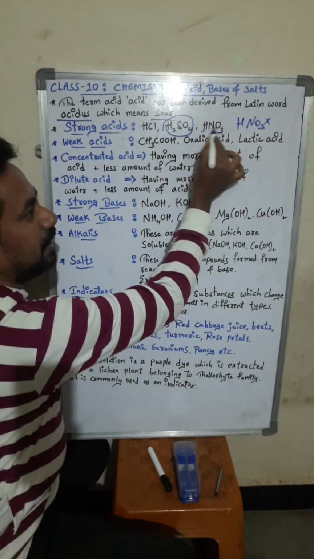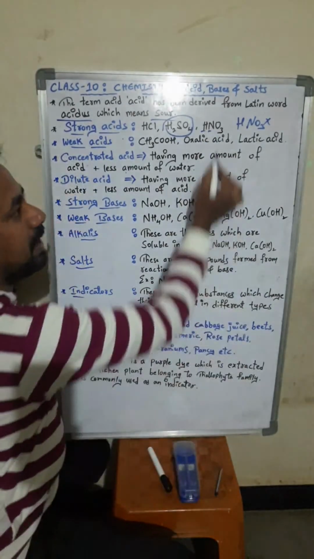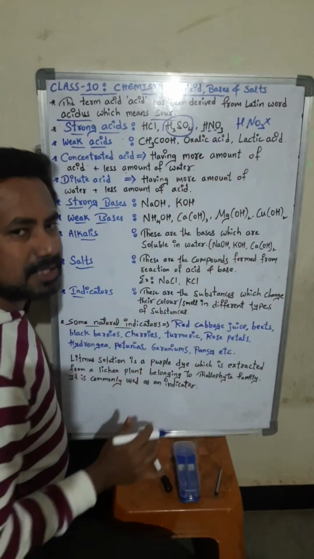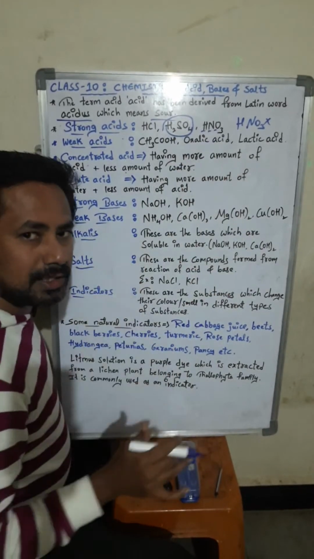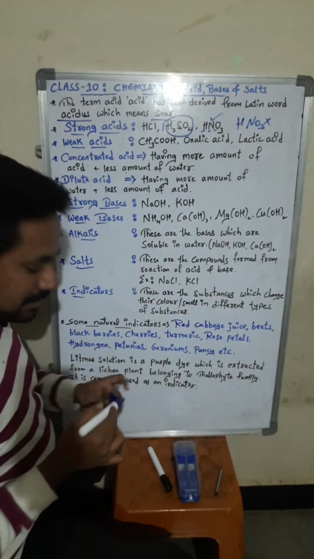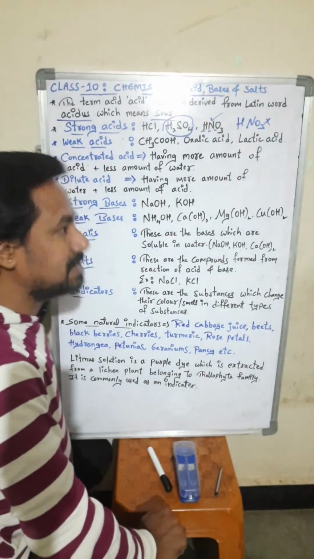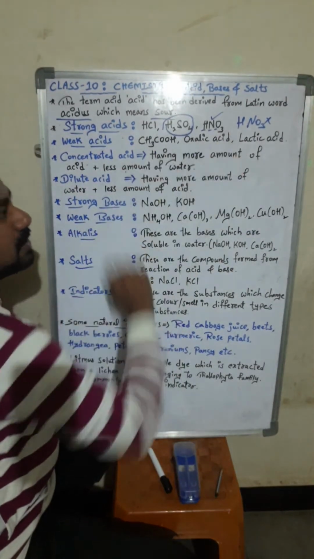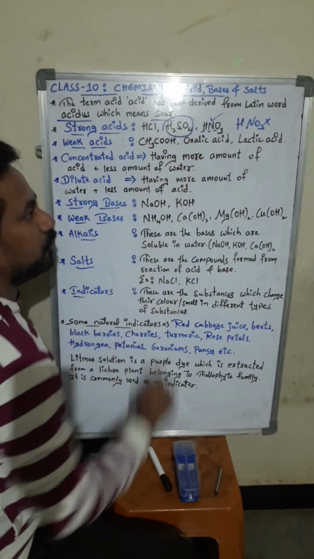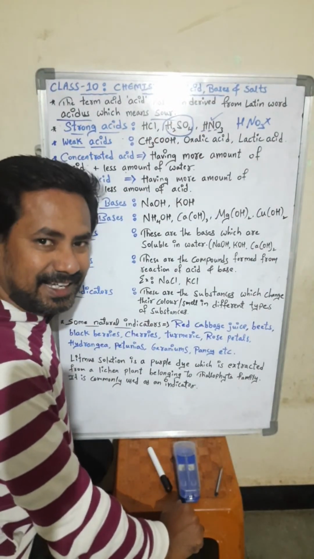H means hydrogen, N means nitrogen, and O means oxygen. 3 atoms of oxygen, 1 nitrogen and 1 hydrogen, when they combine, it becomes nitric acid. HNO3 means nitric acid. Once again: hydrochloric acid, sulfuric acid, nitric acid. Is it clear? Fine.